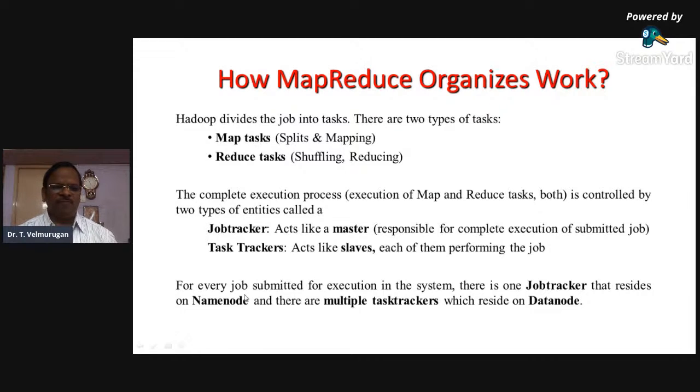For every job submitted for execution in the MapReduce system, there is one job tracker that resides on the name node, and there are multiple task trackers which reside on data nodes. Job tracker contains only one name node, task tracker contains more than one data node.